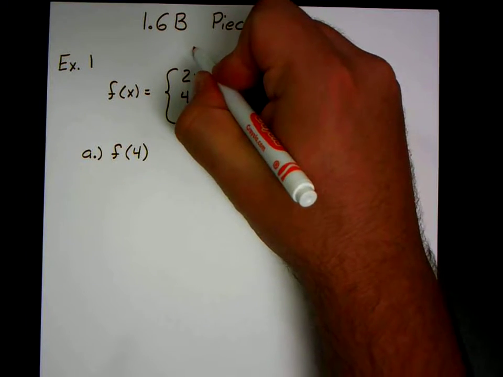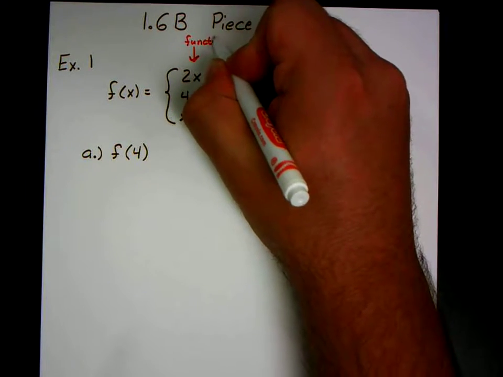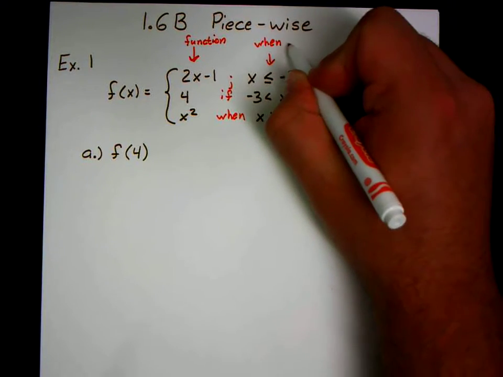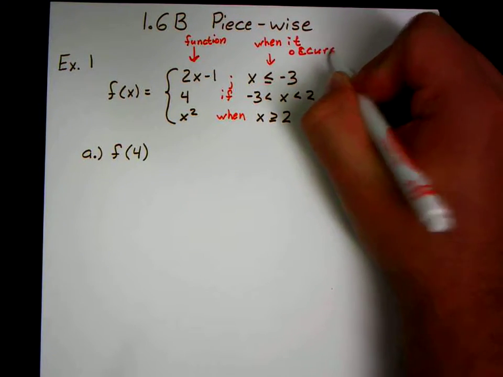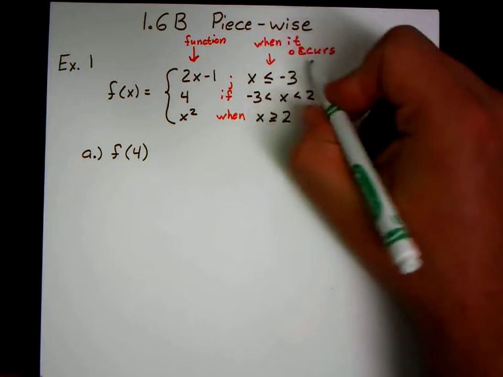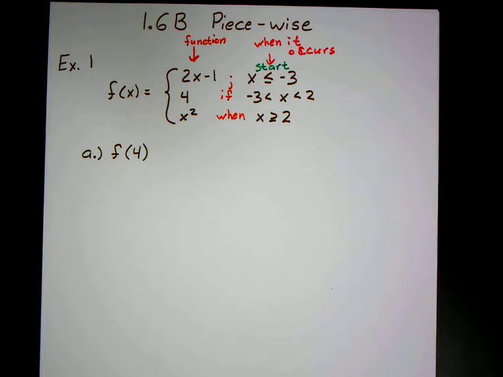So over here we have the actual function. And over here we have when that function occurs. So whenever we do this, we always start over here in this section. So wherever I want to do A and I want to find f of 4, I start in the right-hand section.